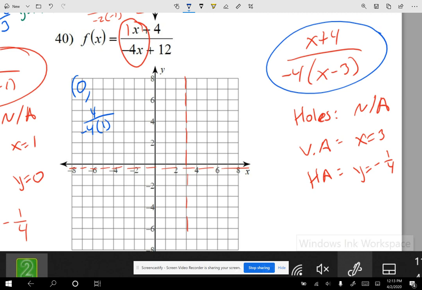I mean, the bottom I have a -3. Remember, x equals 0. So I have 4 over -12. That's a -1/4. I mean, -1/3. So that gives me that.